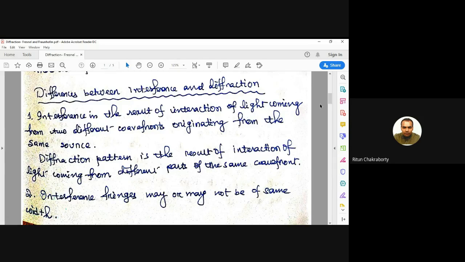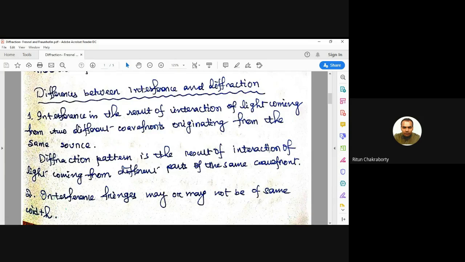Okay. So regarding this, there is one principle called Huygens Principle. You should refer to that Huygens Principle, and from there the concept of diffraction of light comes.